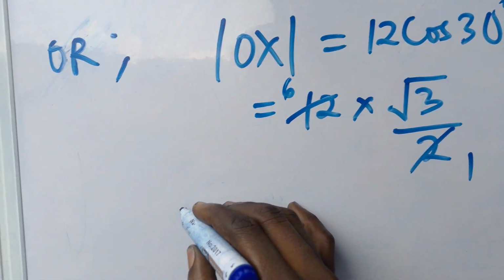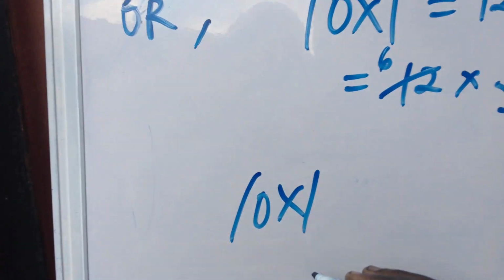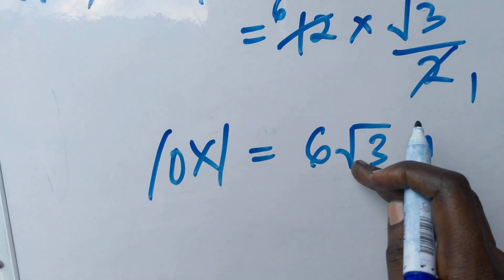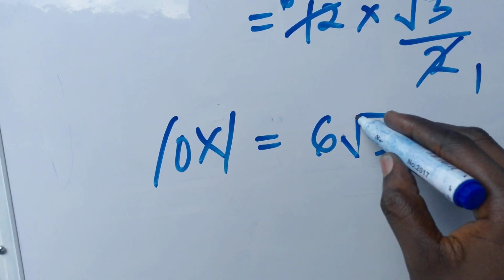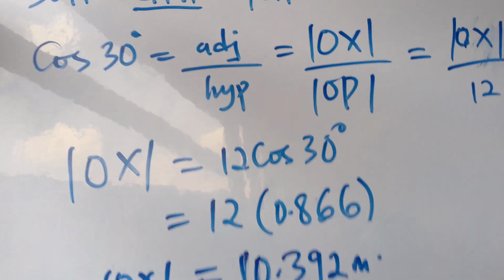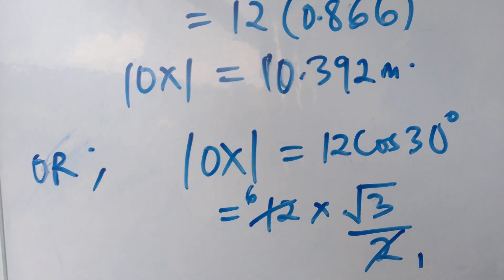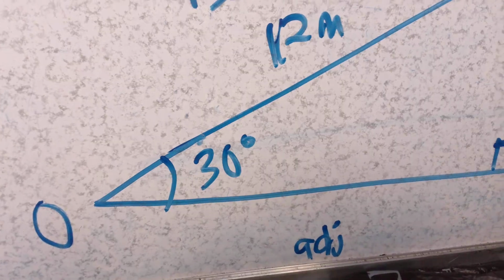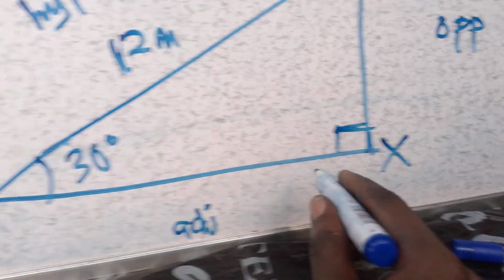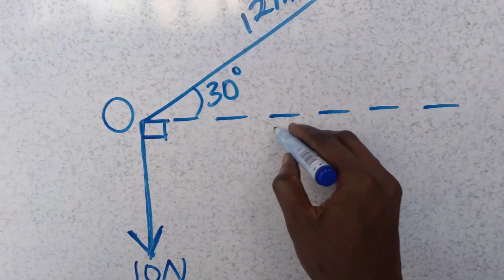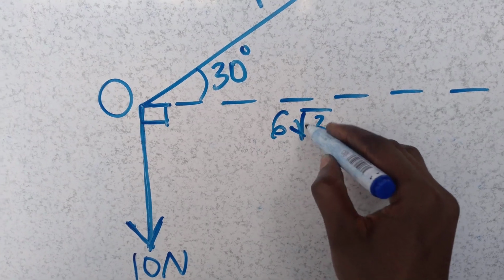So I'll have distance OX as 6 root 3 meters. So I've gotten what I want, and I can go ahead with the solving. This distance is 6 root 3 meters.